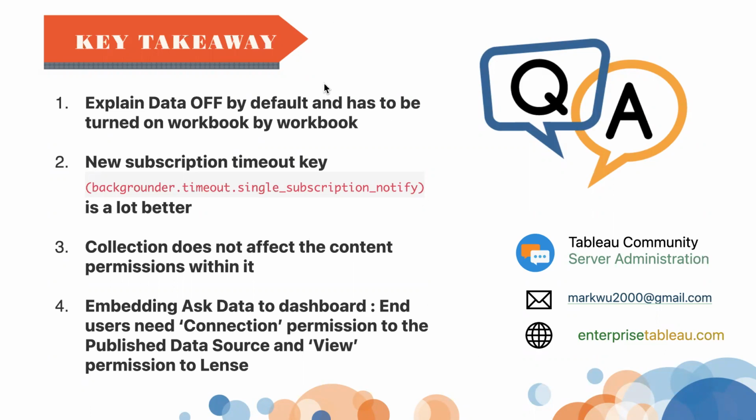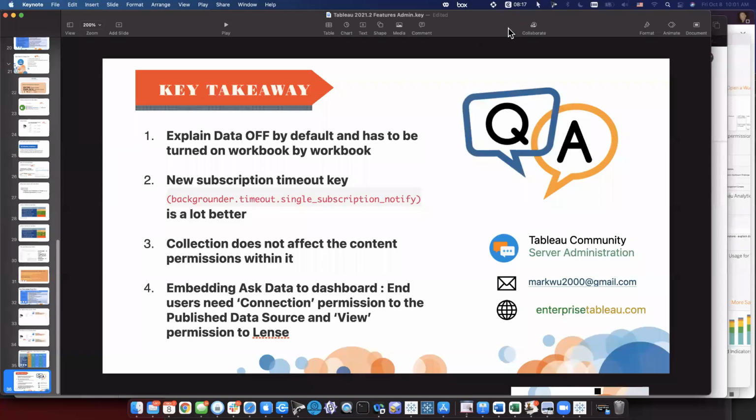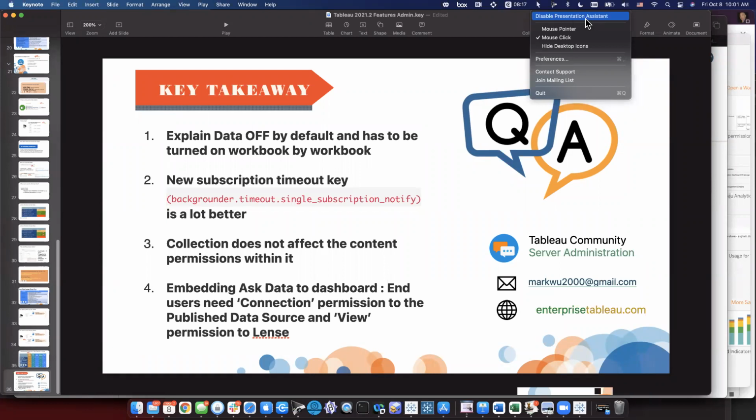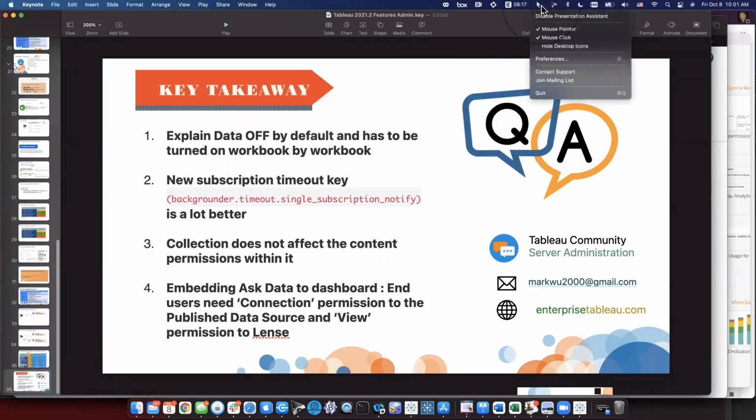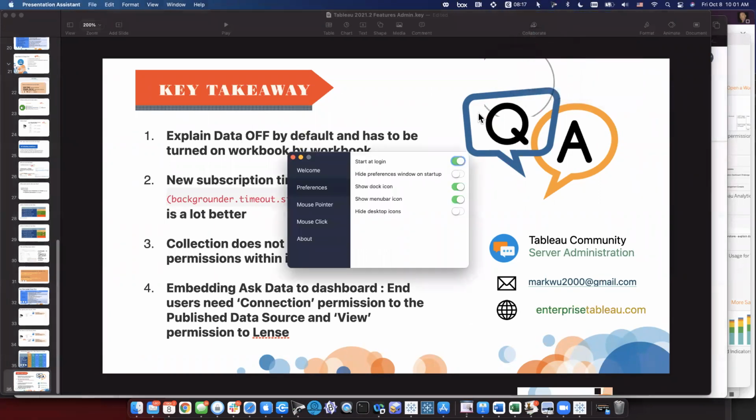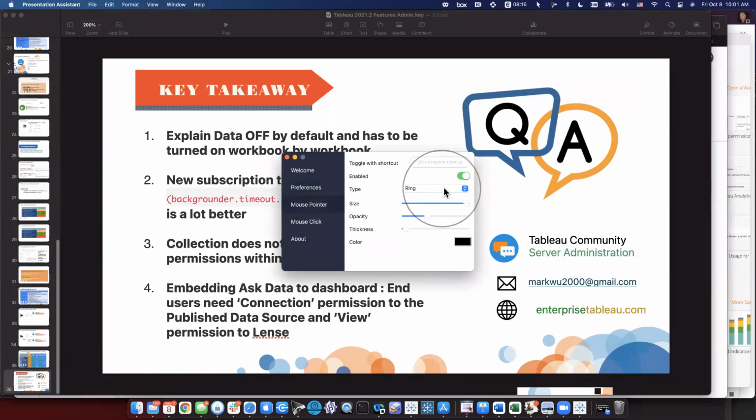Lee, what visual aid tool do you use here? What did you talk about? Are you talking about this tool? I have this thing called Presentation Assistant for Mac. I'm using the Mac version. That is actually pretty cool. I did not enable that. If I do, I can show this as well. I can show my mouse better. I can even do this.